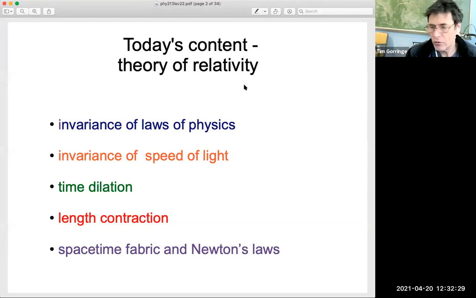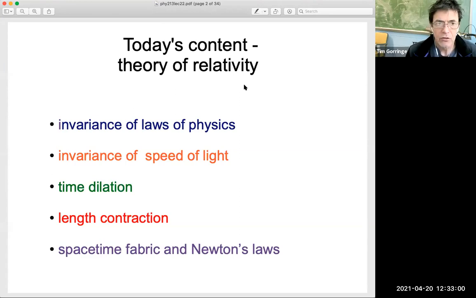And there are two foundations that we're going to talk about. One is what we call the invariance of the laws of physics, and I'll explain that. And then the second one is what we call the invariance of the speed of light, and I'll explain that one. But these two postulates are the foundations of Einstein's relativity.